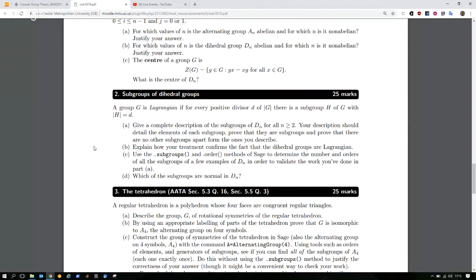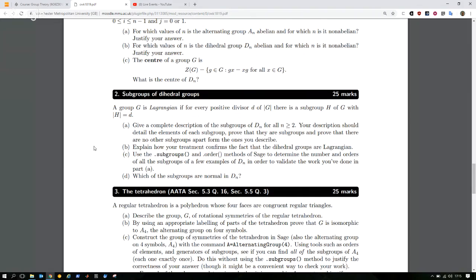What this question is about is a conjecture or a question in the opposite direction. If you're looking at a finite group and you're looking at a divisor D of the order, there's the question: does G have a subgroup of that size? Okay. So this is the definition of the term.